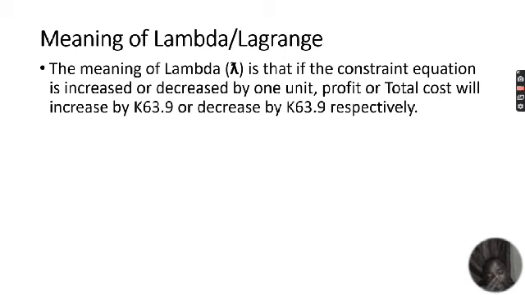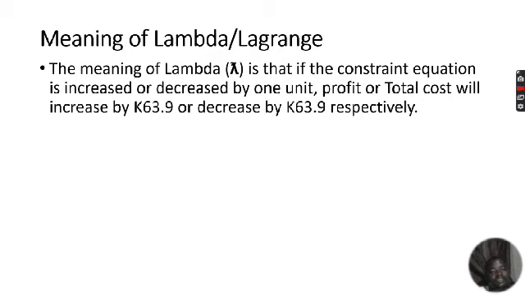We have calculated that the value of lambda is 63.9. Now the issue is this: if we are considering the profit equation and the constant is increased by just 1 unit, then the total profit that we are going to get will increase by 63.9.